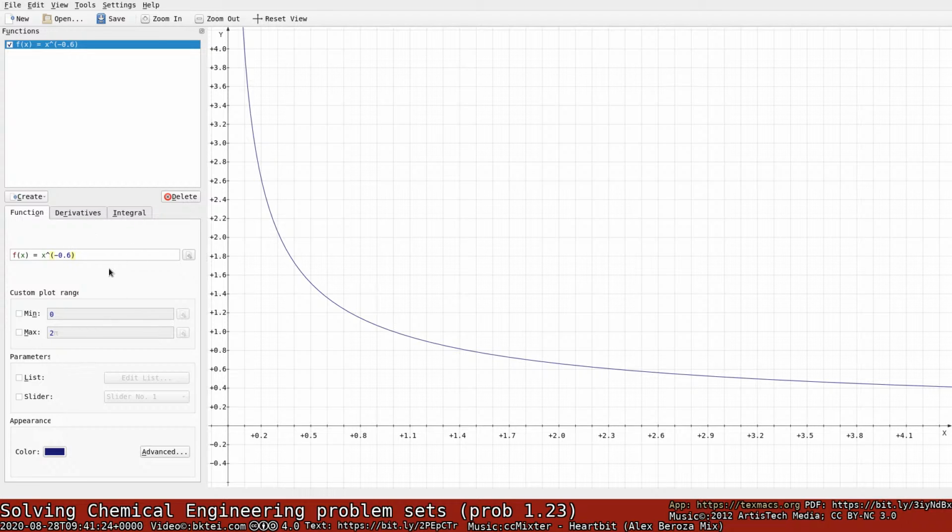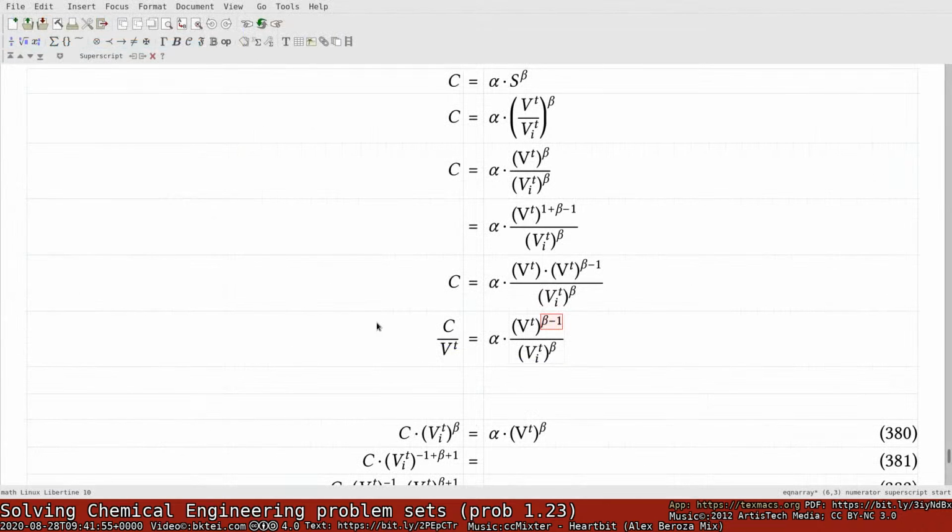So the function is saying, okay, for beta ranging from 0 to +1 exclusive, does C over V superscript T, that quantity, decrease? And we're showing here that in TechMax this quantity, which is the total cost divided by the total volume, equals this function.